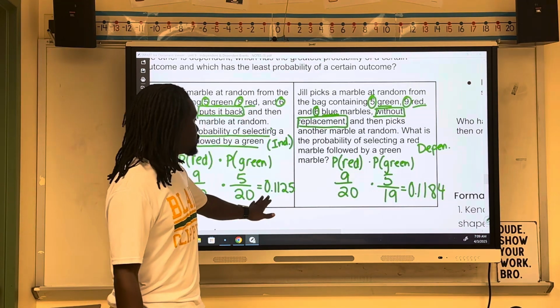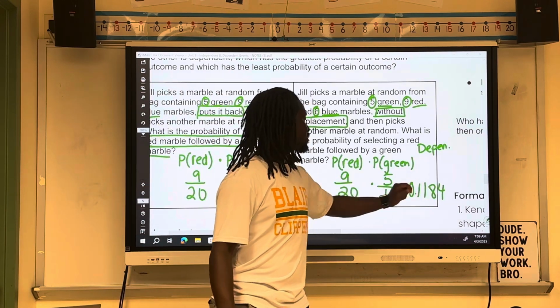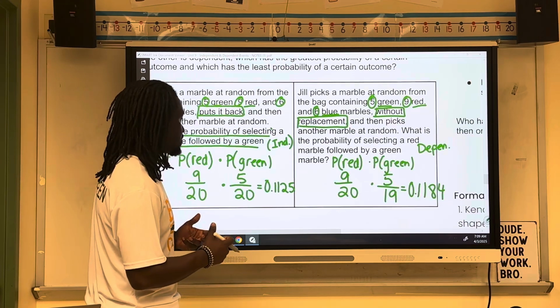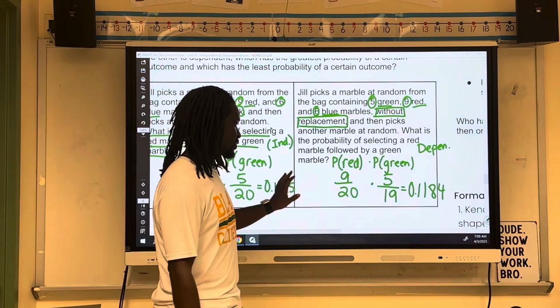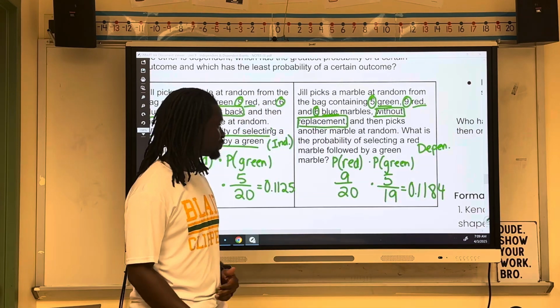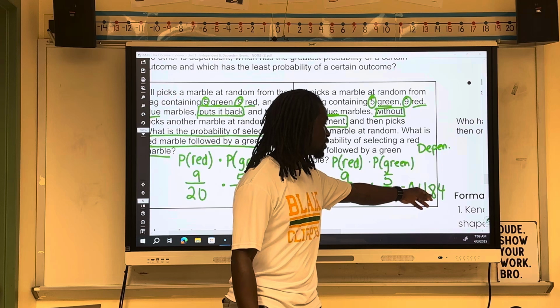My initial question was which one will have the greater probability? If you look at these, they're similar to start. They both have 1s, but then the thousandth place in the second one is an 8. If you just remove the 0 and look at the numbers behind it, this would be 1,125 and this is 1,184.